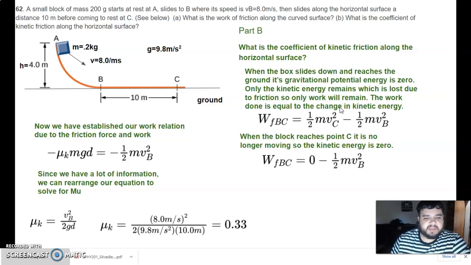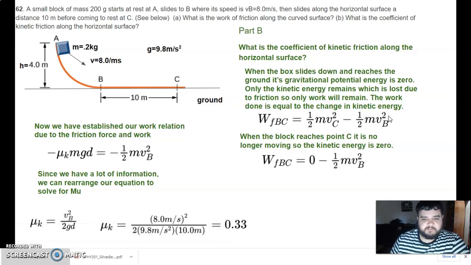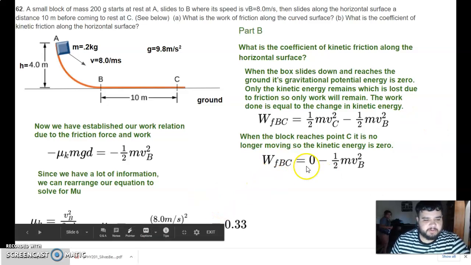And mu doesn't have a unit of measure like joules or watts. It's just a number. But 0.33 is quite a bit of friction compared to a smooth surface like ice. It's probably something like asphalt that has a little more grit, maybe rocks. Hopefully that explains how this problem is solved, and I hope you enjoyed my video.